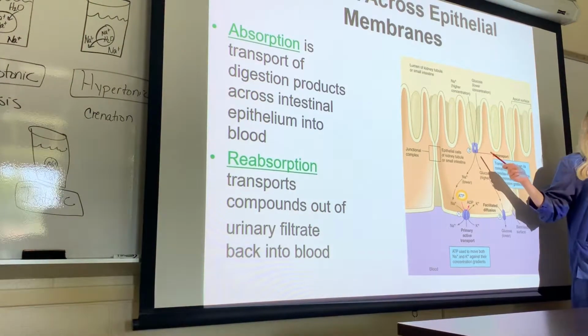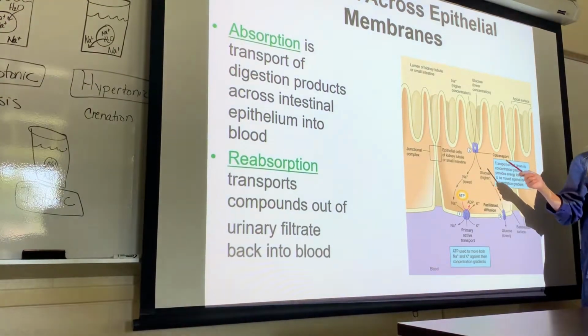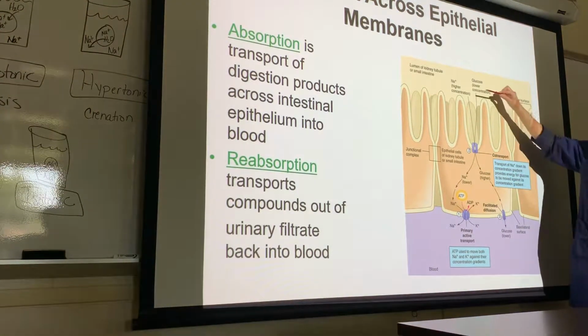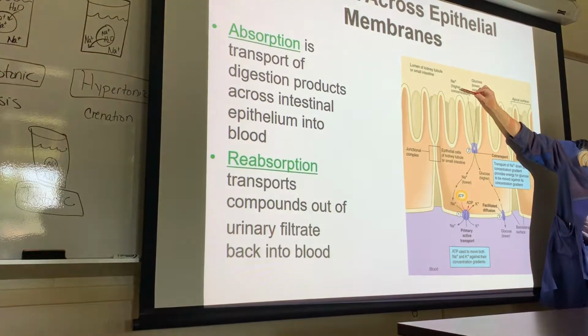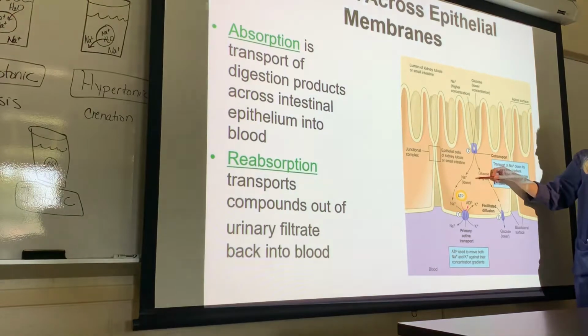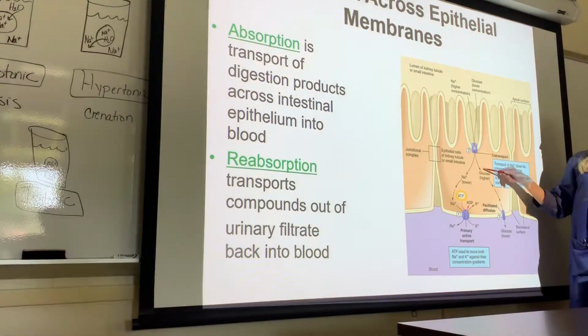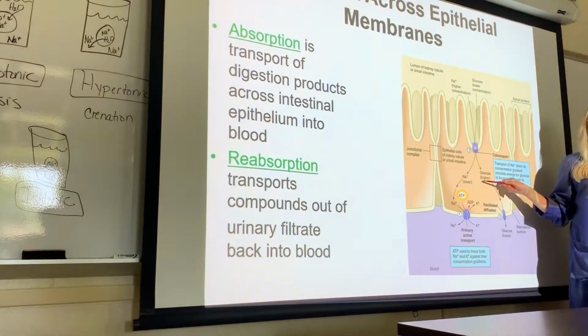Okay, now secondary active transport, we just talked about the sodium glucose symporter. Because we have high sodium outside the cell, because of the sodium-potassium pump, sodium will diffuse into the cell following its gradient to pull glucose into the cell against its gradient.